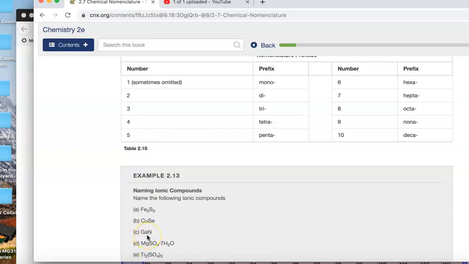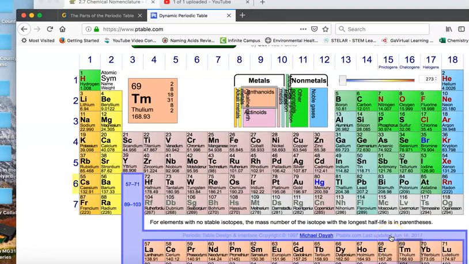Okay, next compound here, GaN. Again, we're looking up the element Ga, which is gallium. You'll notice in your textbook there was a periodic table that showed the ions that always had certain charges, like aluminum is always +3. Gallium is actually variable.